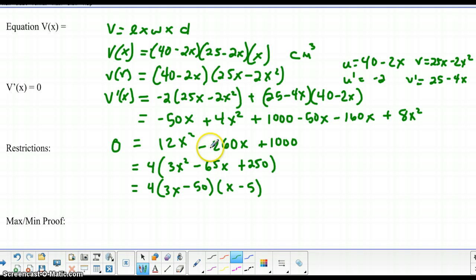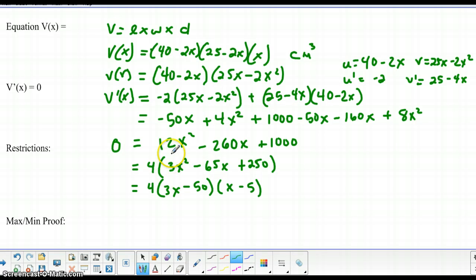So we combine like terms. We have 4x squared and 8x squared for 12x squared, and our x terms equal negative 260x, and then plus 1,000.